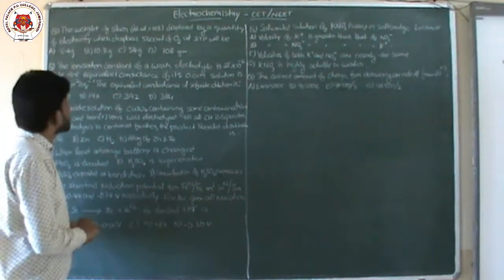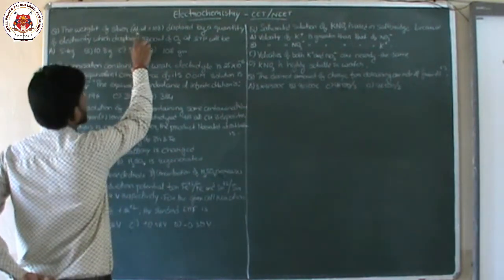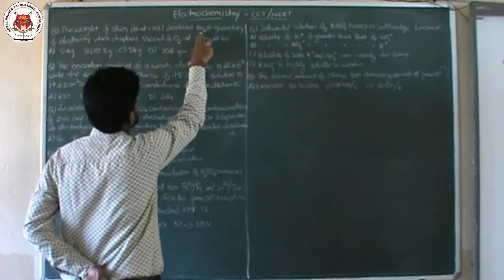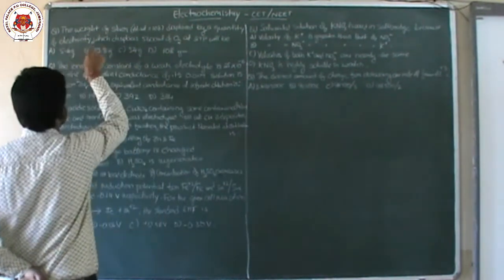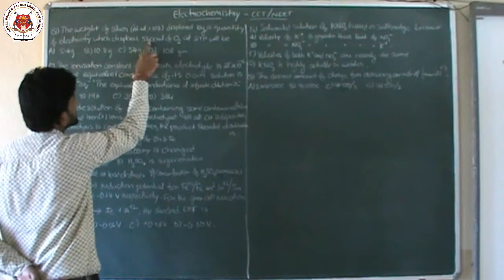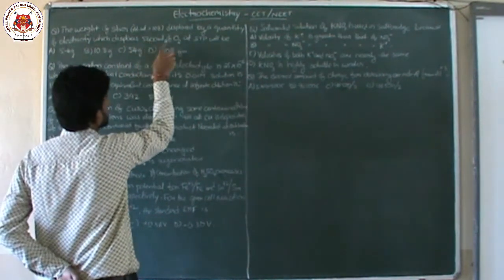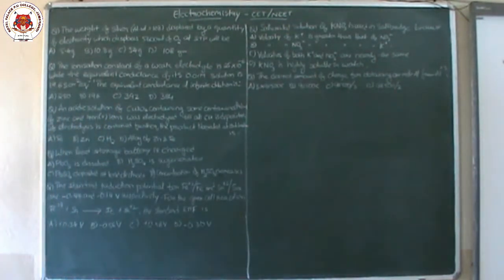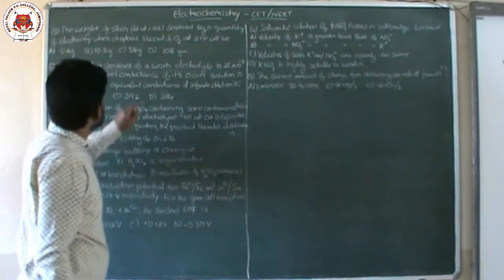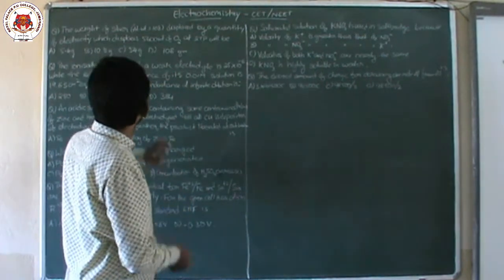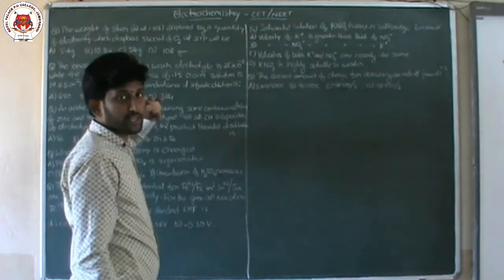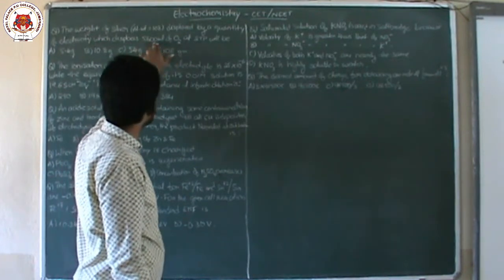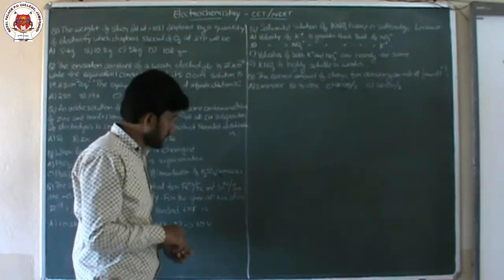The atomic weight of silver is 108. How much silver can be deposited by the same current which can displace 5600 ml of O2 at STP?